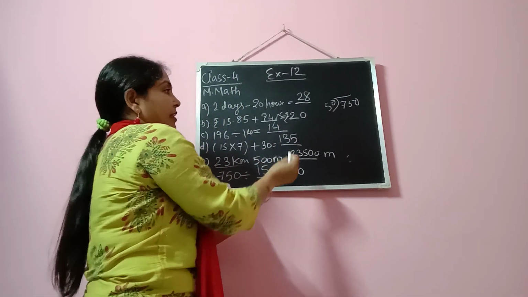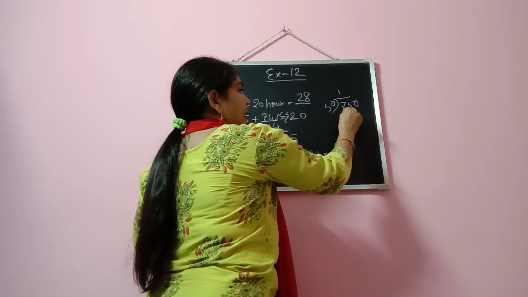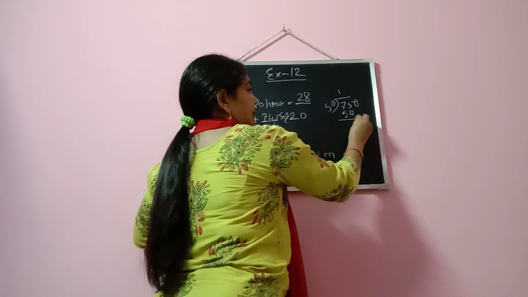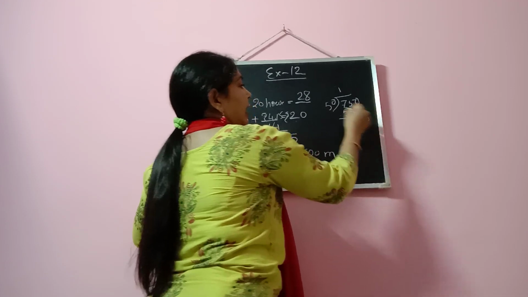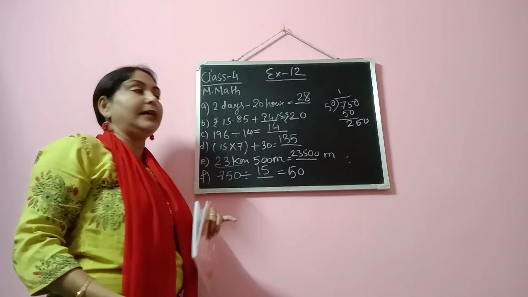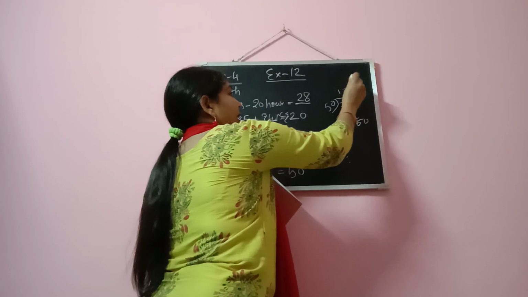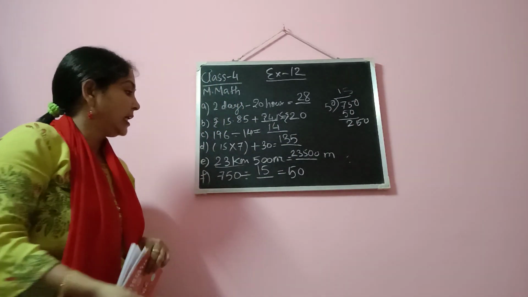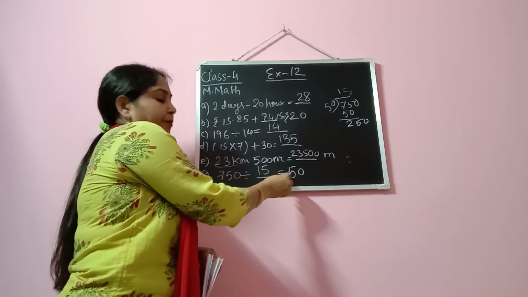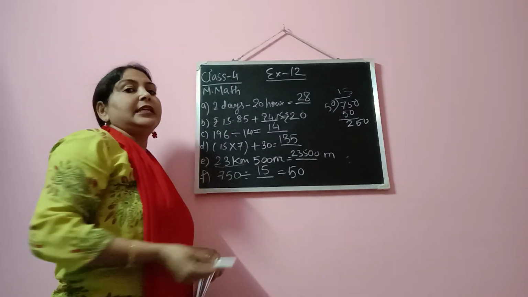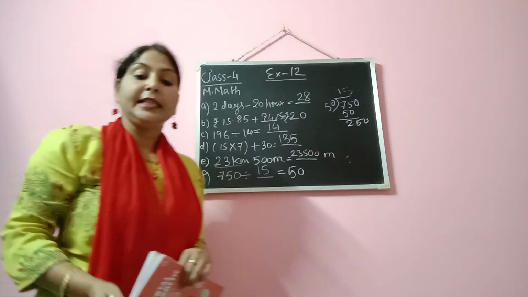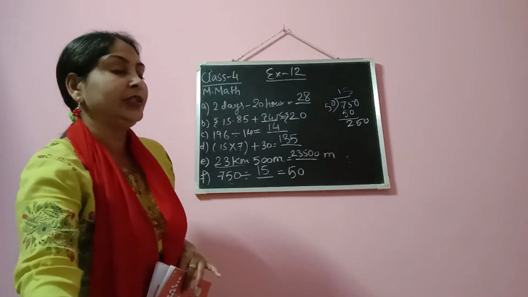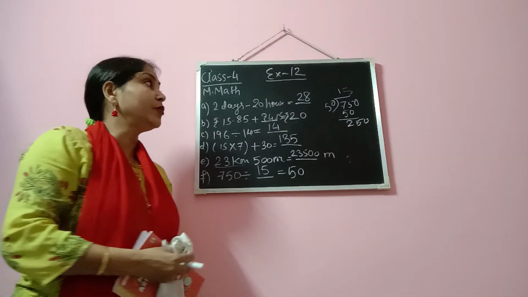First you take one time and subtract. In the table of 50, 250 comes at 5 times. There is one more checking process. When you multiply these two, the answer should come 750. Then only your answer is correct. You can check in this way. Then we move to the next question.